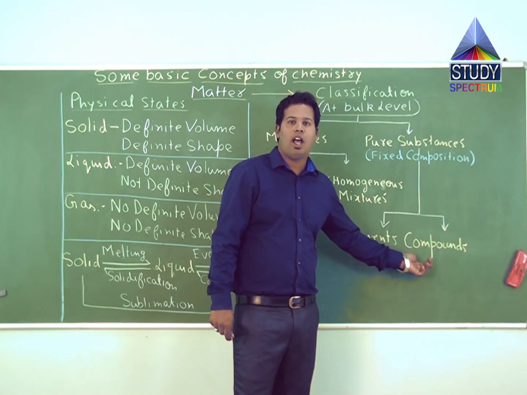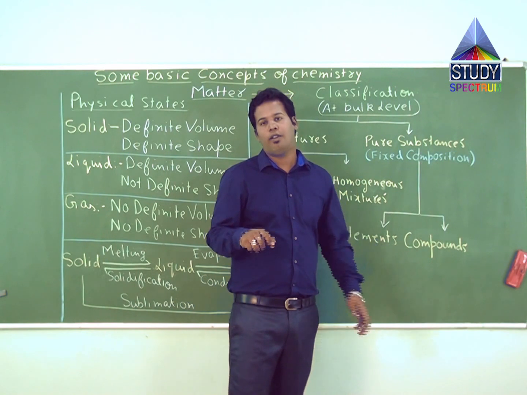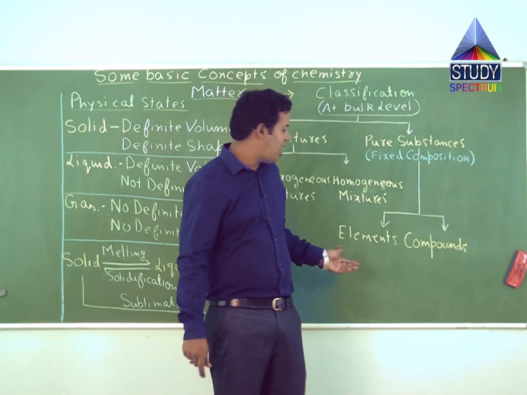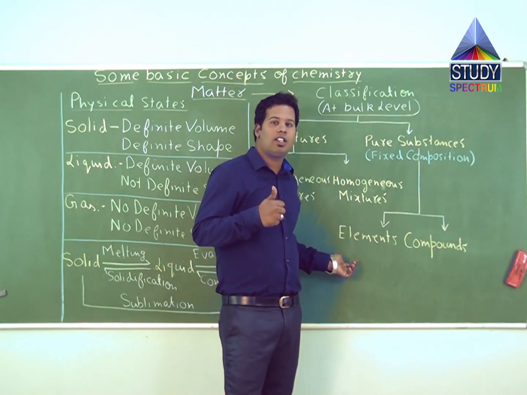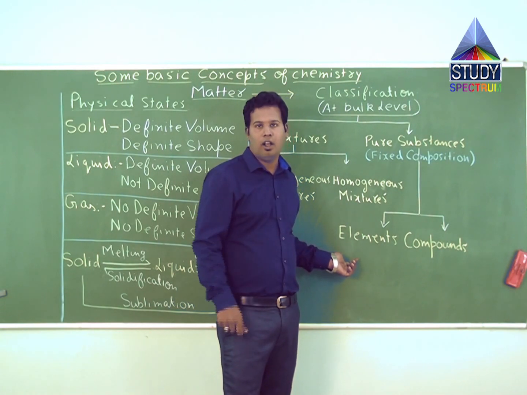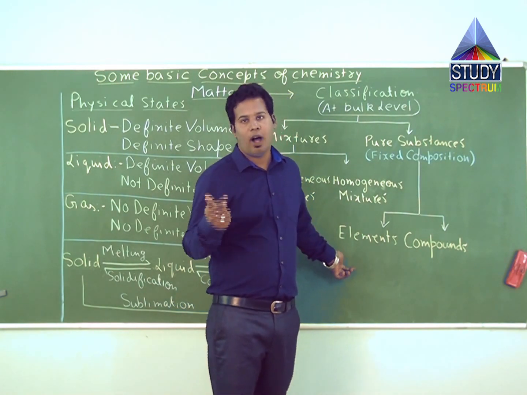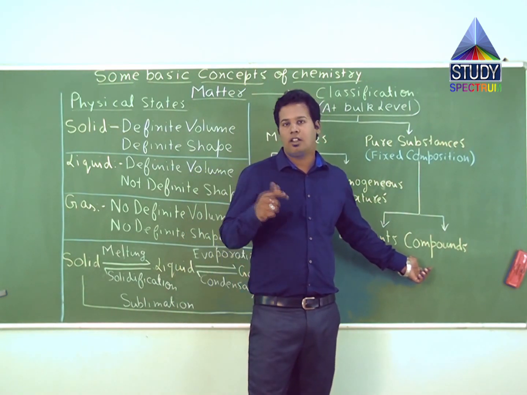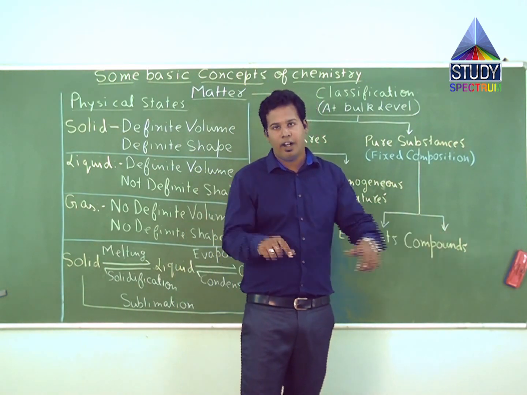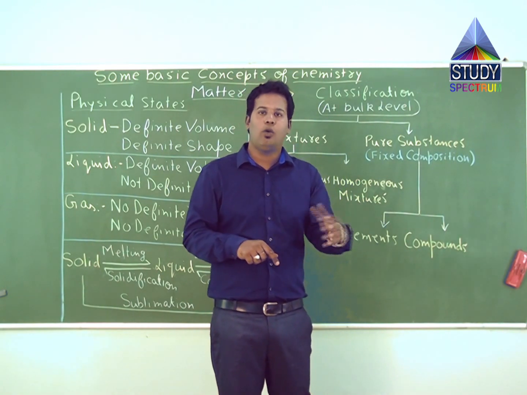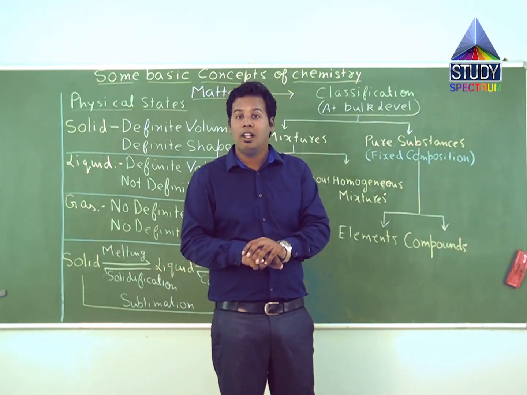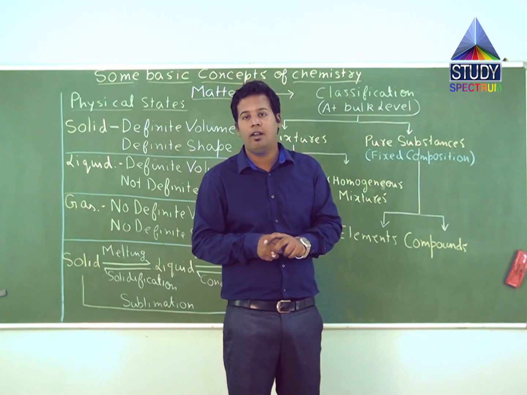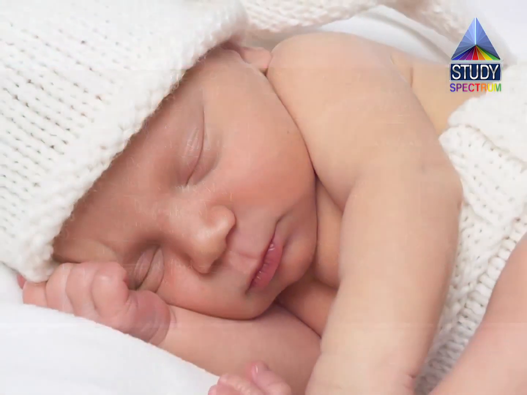So a compound is a composition of different elements, whereas elements have atoms of the same type. They are identical in nature, in properties, and in mass. But since a compound contains atoms of different elements, they may show identical properties, but they are not identical in terms of mass.